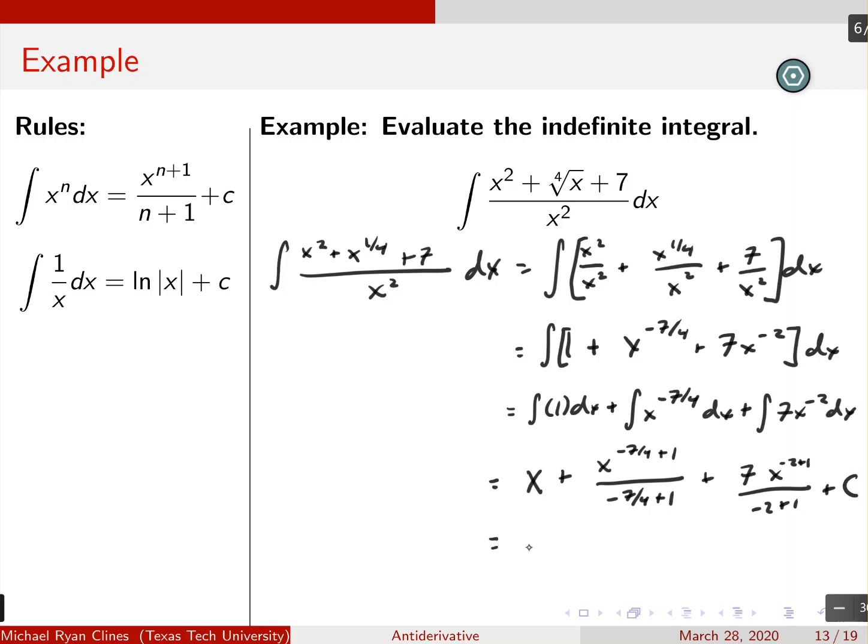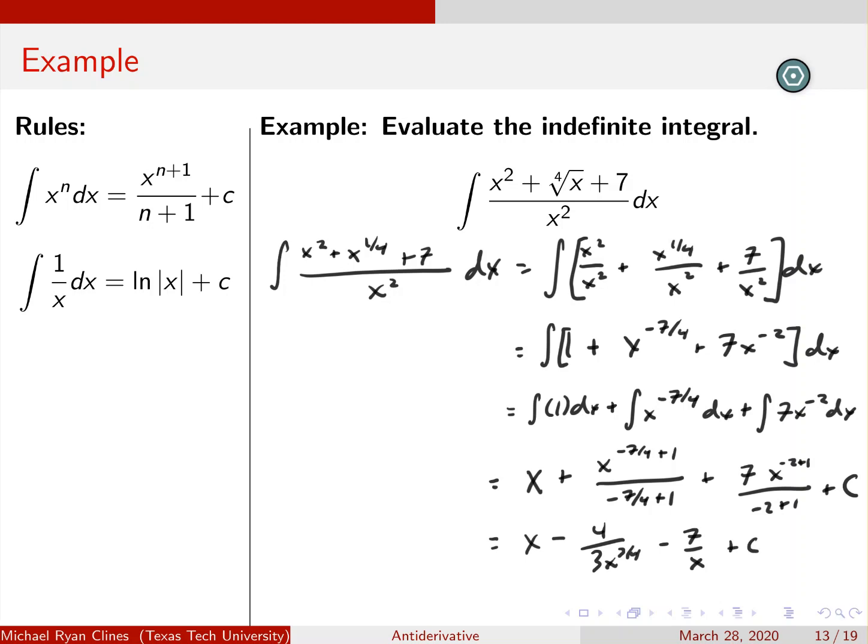Now this just becomes x minus 4 over 3x to the 3/4 minus 7 over x plus c.